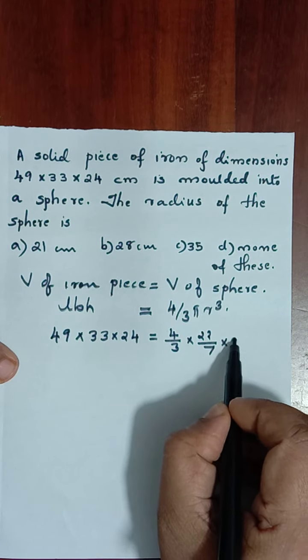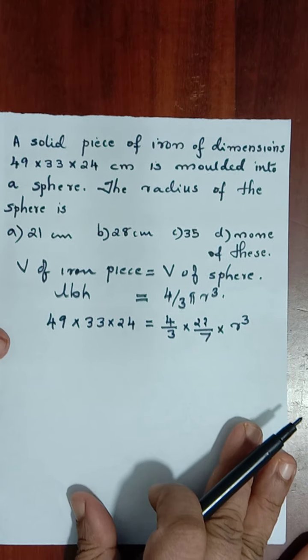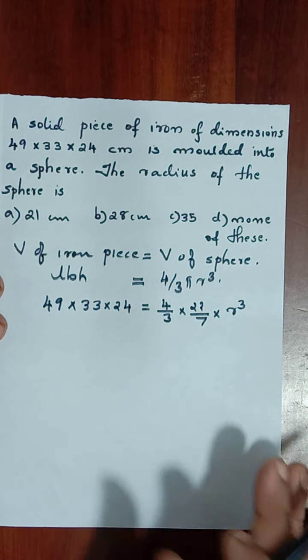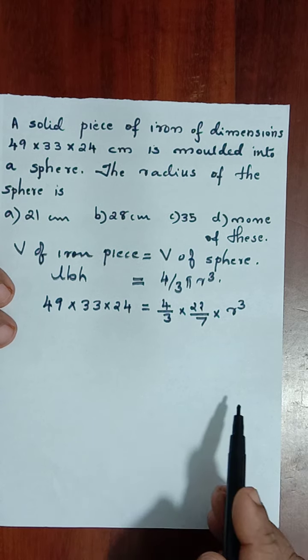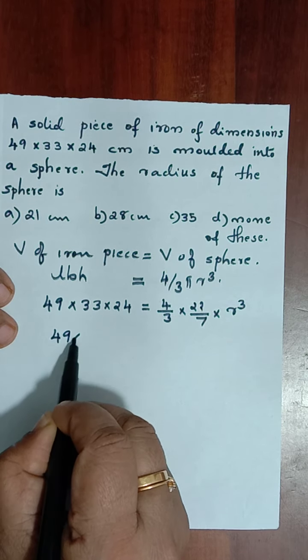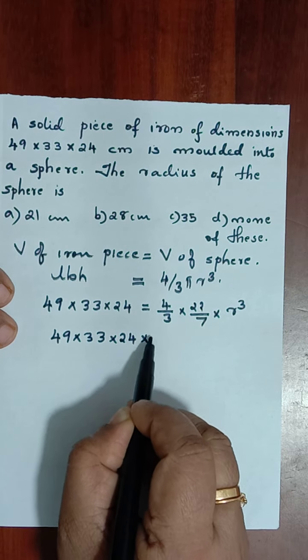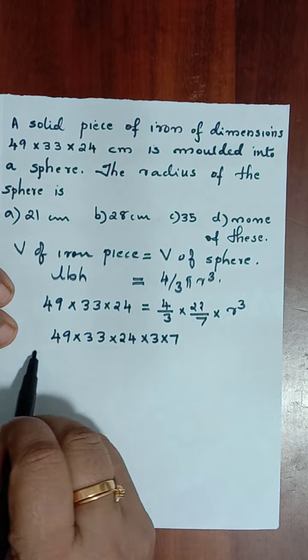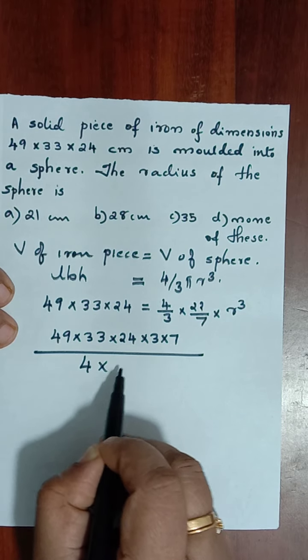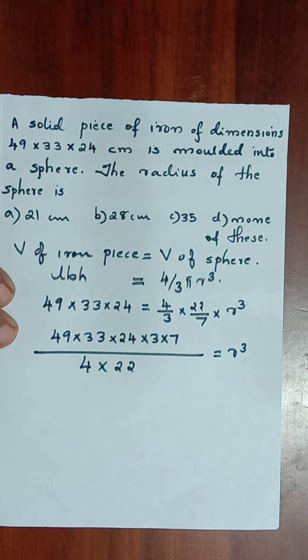Here we have to find out the radius of the sphere. So what to do? Let us cancel this and transfer everything to one side. First we will transfer, that's better I think. 33 into 24 into 3 into 7 divided by 4 into 22 is equal to r cube.